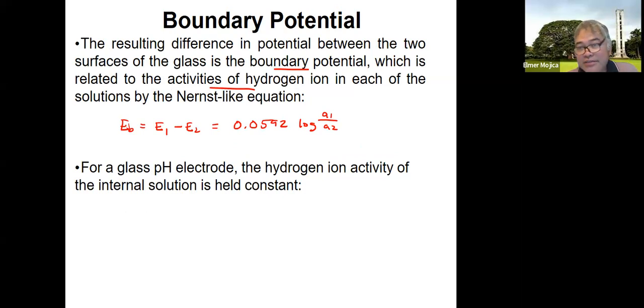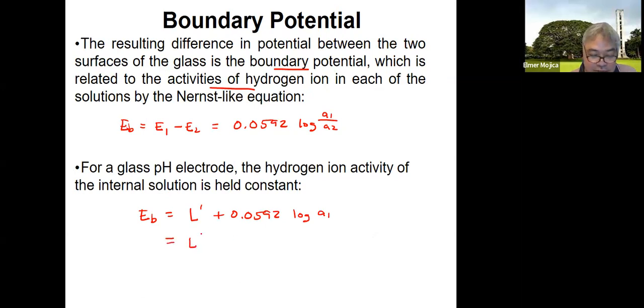For a glass pH electrode, the hydrogen ion activity of the internal solution is held constant. So in terms of a constant, you will say EB equals L plus 0.0592 log of A1.